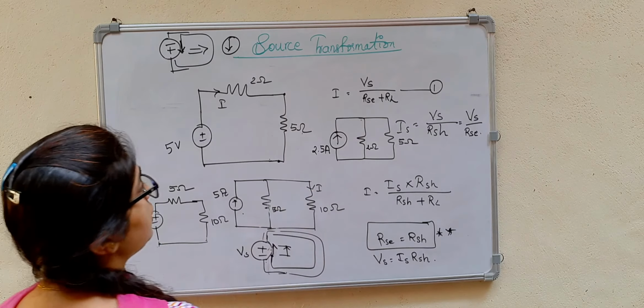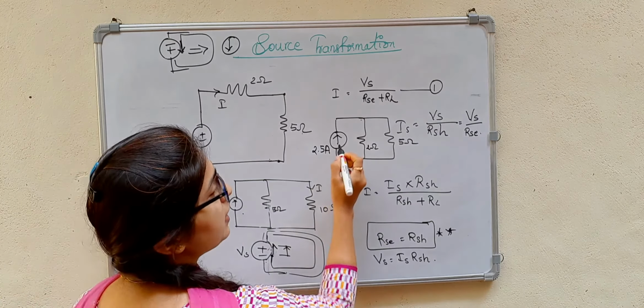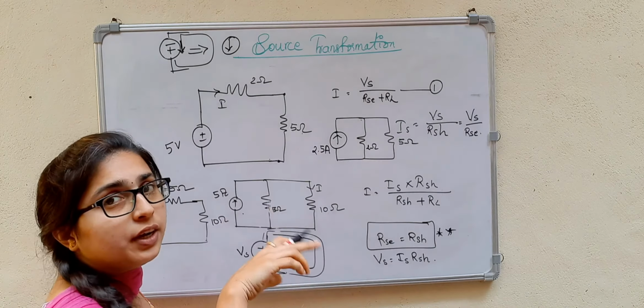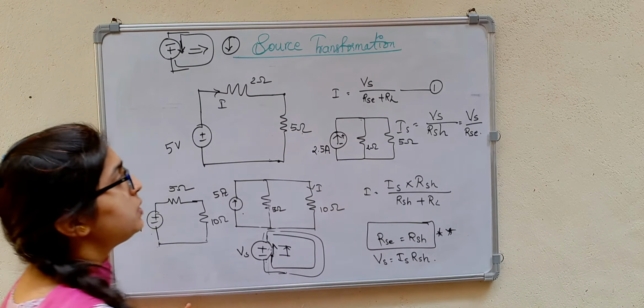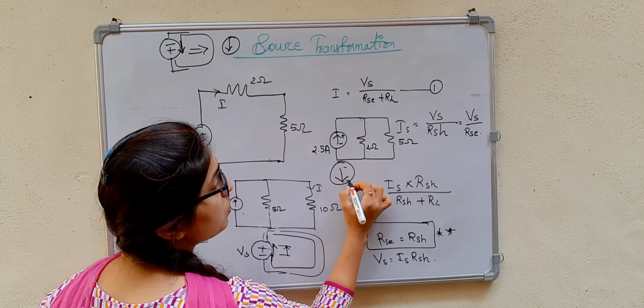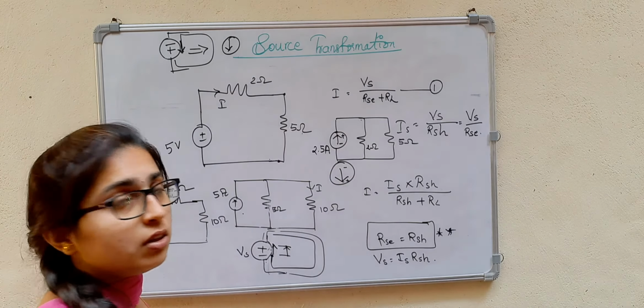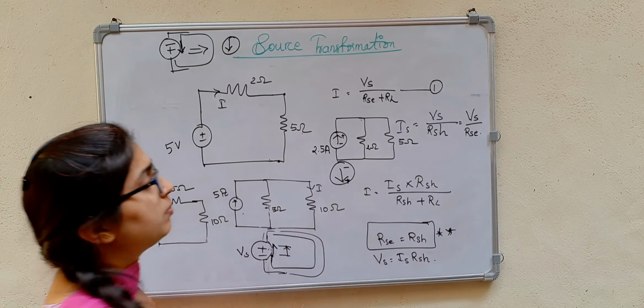And if you have a current source, to convert it into a voltage source, just remember it is from negative to positive, internal to the source. So it will be going like this, which means it will be minus plus. So if you have it like this, it will be from minus to plus, internal to the source. So it is minus plus.